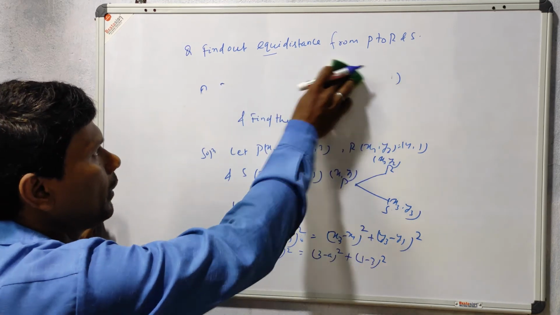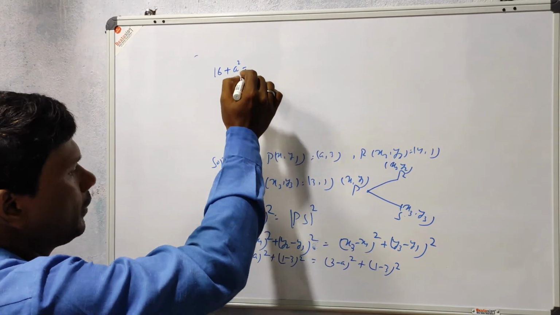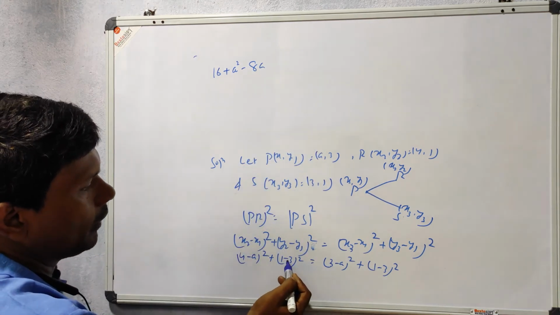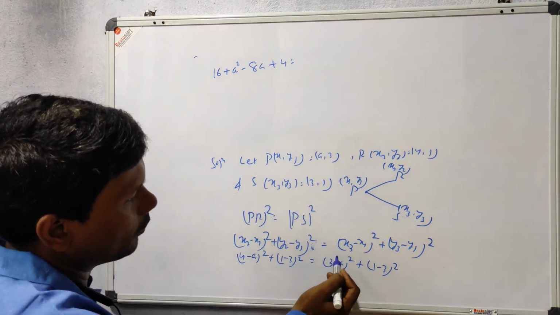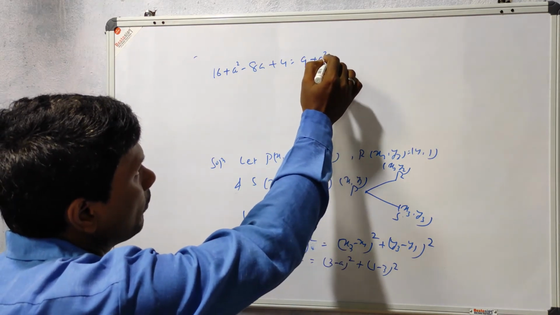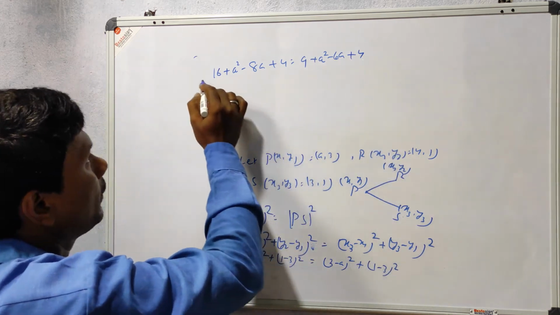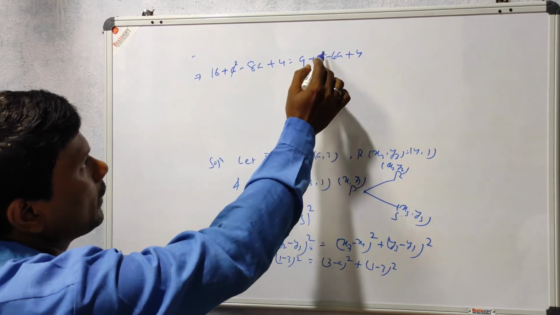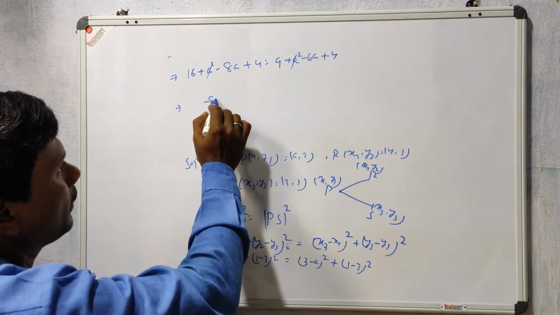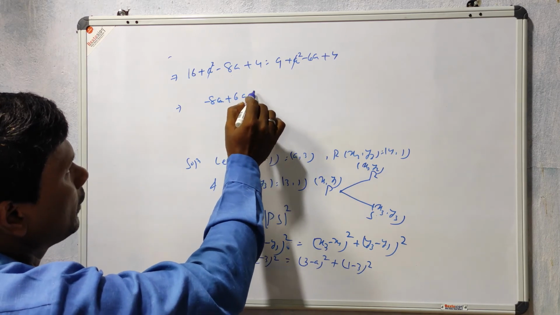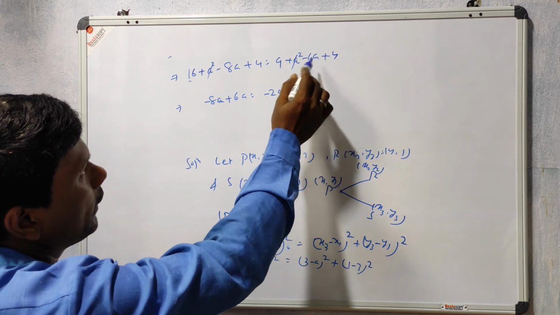Apply the formula (a minus b) whole square. 4 minus a whole square is 16 plus a square minus 8a, plus (1 minus 3), that is minus 2 square, that is 4, equals 9 plus a square minus 6a plus 4. The a square cancels. Taking terms to the left side, minus 8a plus 6a, and 16 plus 4 is 20, and on the right side minus 20 plus 9 plus 4, that is 13.